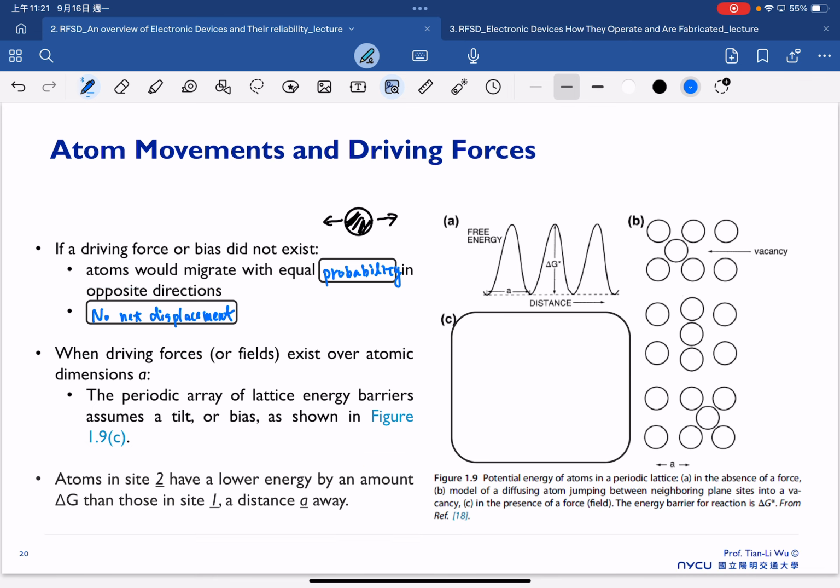But on the other hand, when we have a driving force or field start to apply on the photons here, then we can start to see a certain band bending can be considered in this energy barrier. In the graph we have been shown previously, the photons try to move to the left, in the middle, and to the right.